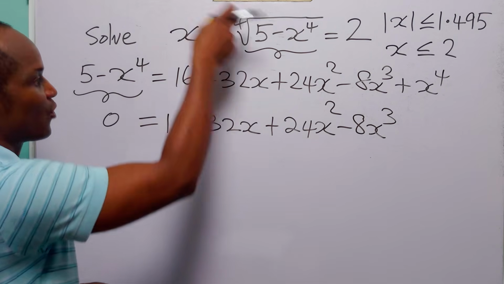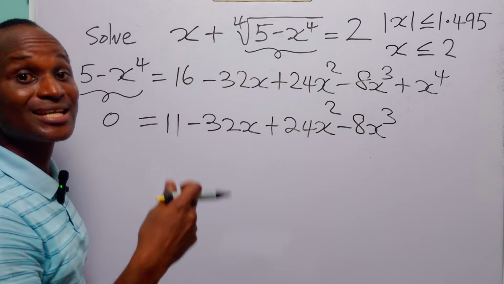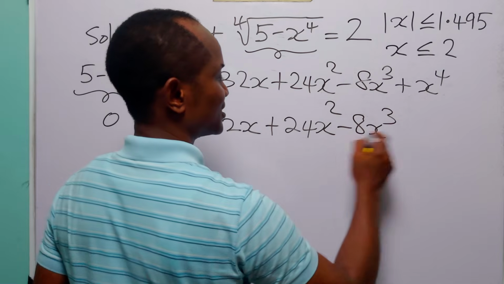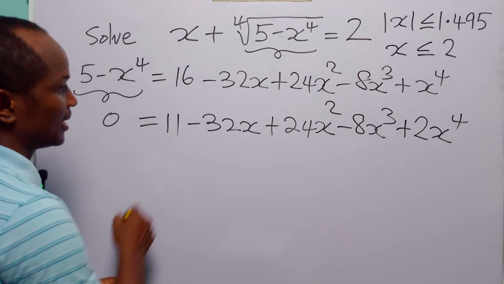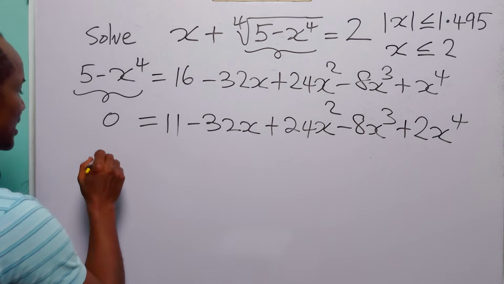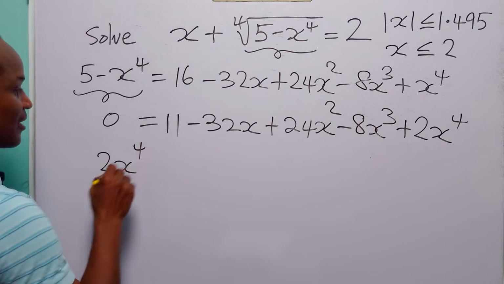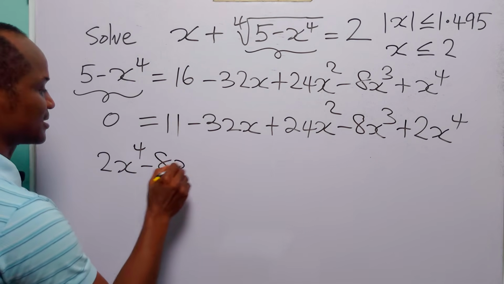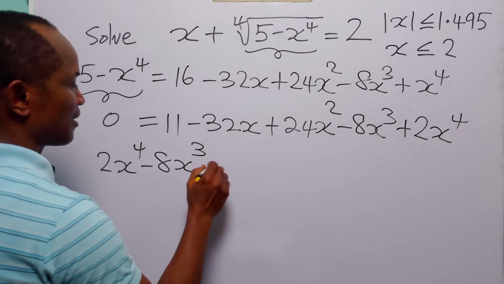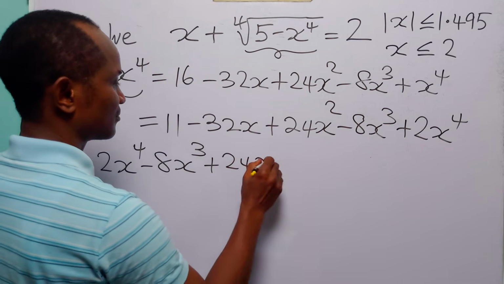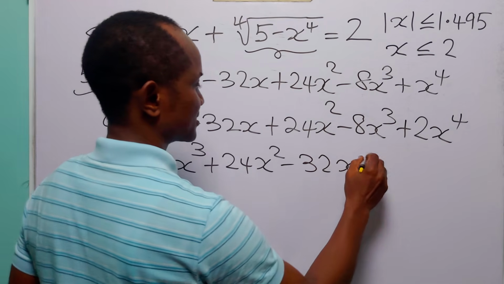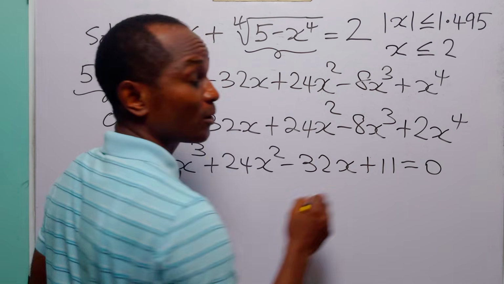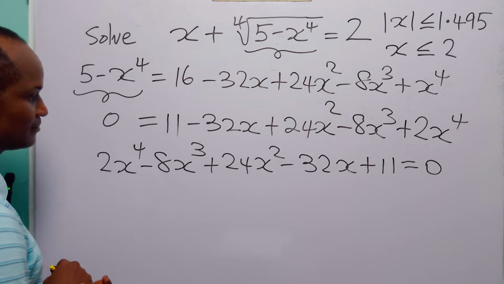Minus x to the power 4 going over becomes plus x to the power 4. Adding it to this one, we have 2x to the power 4. Now, rearranging this equation, we have 2x to the power 4 minus 8x cubed plus 24x squared minus 32x plus 11 is equal to 0.